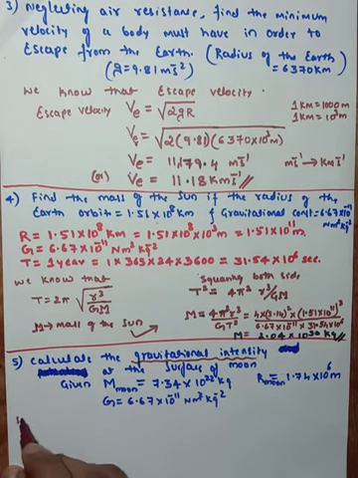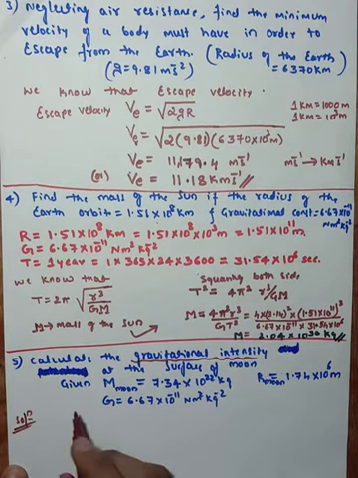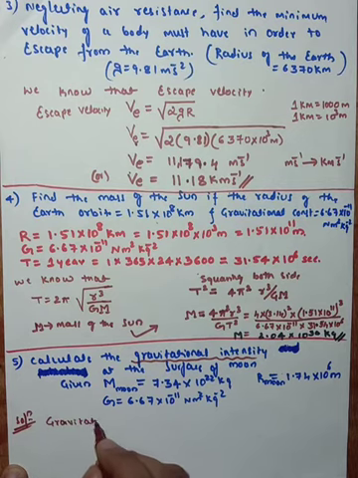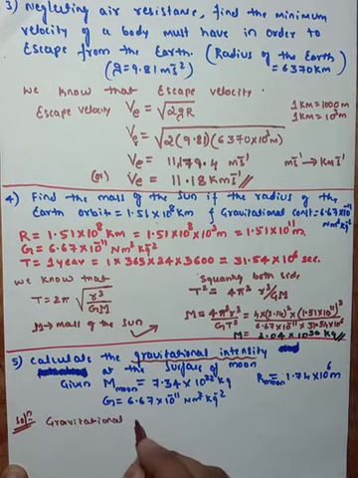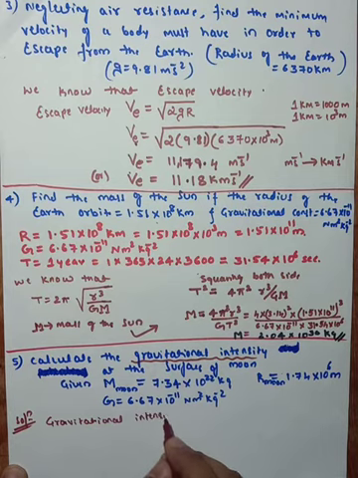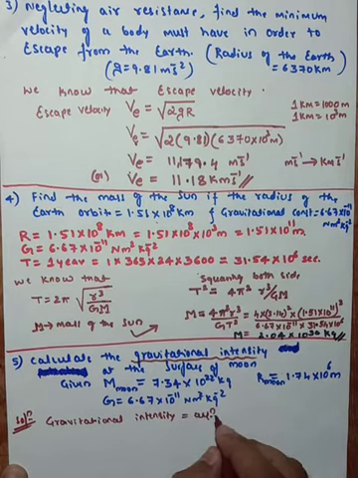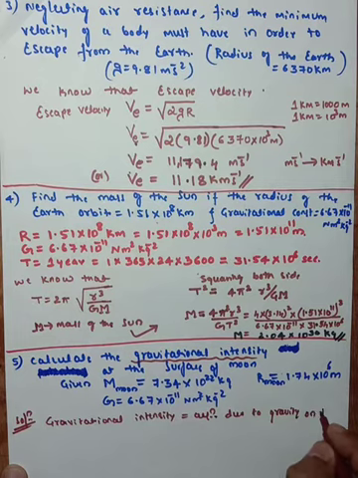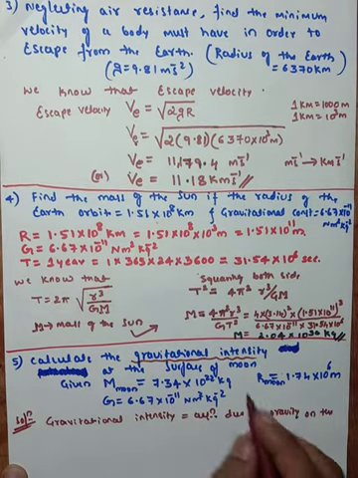Let me write here only, so it will be easy to understand. Gravitational intensity is nothing but the acceleration due to gravity on the moon. So they told on the moon.